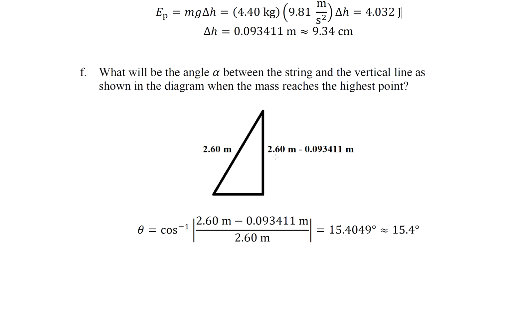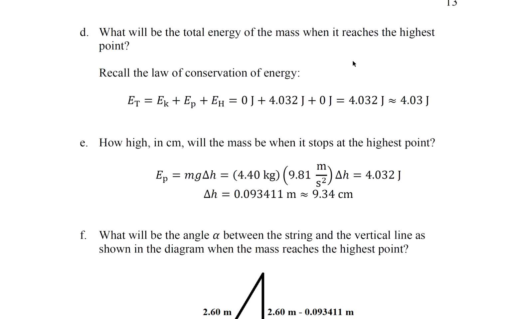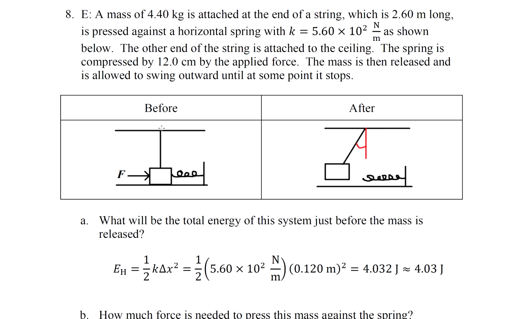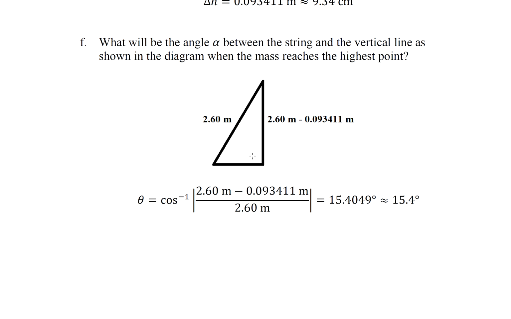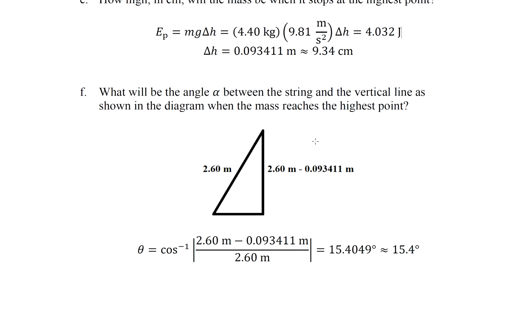We're going to use this triangle here. 2.6 meters is the length of the string. So when it goes up, the mass, the hypotenuse is 2.6 meters. And this vertical leg is going to be 2.6 minus what we learned in part E. And we could use trigonometry to solve for theta.